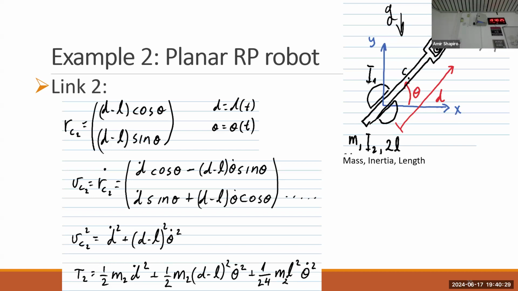It's d minus L times cosine theta and sine theta. This is the center of mass position.